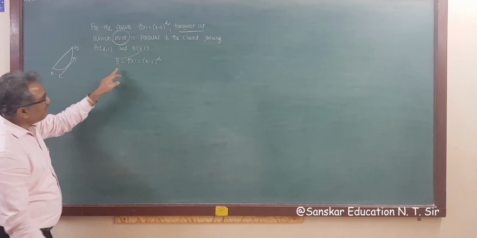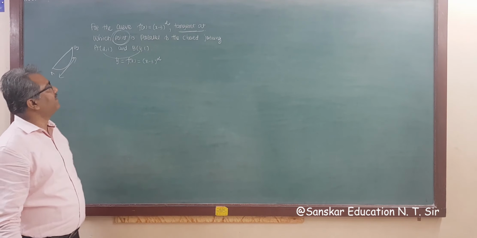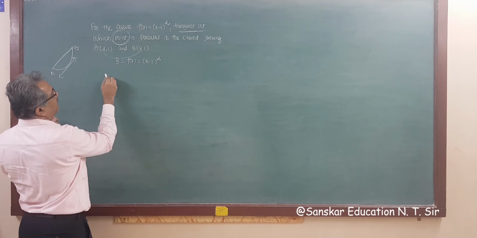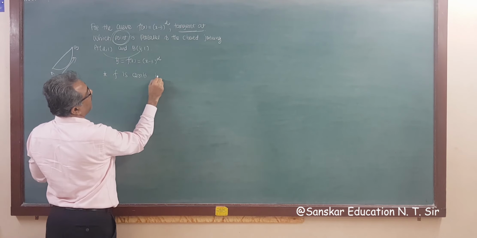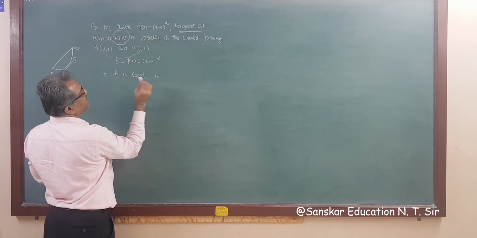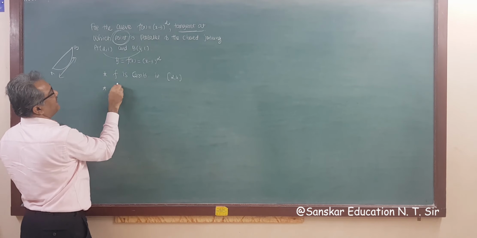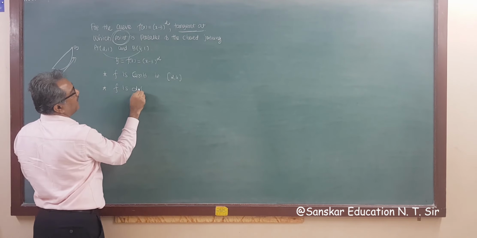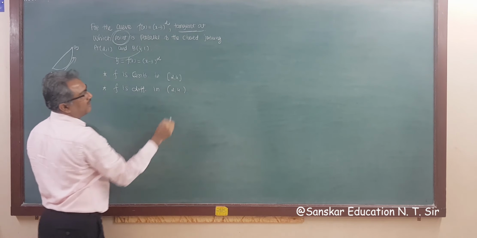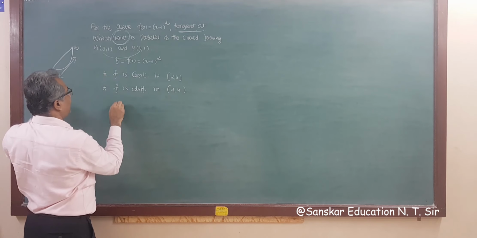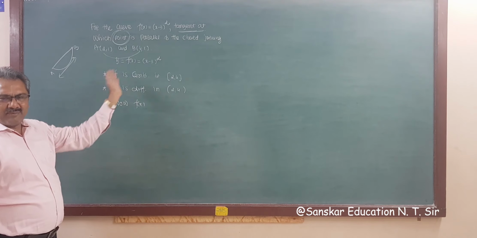So y is equal to f(x), a continuous and differentiable function in the interval 2, 4. So f is continuous in the closed interval 2, 4. f is differentiable in the open interval 2, 4. So the mean value theorem is applicable.